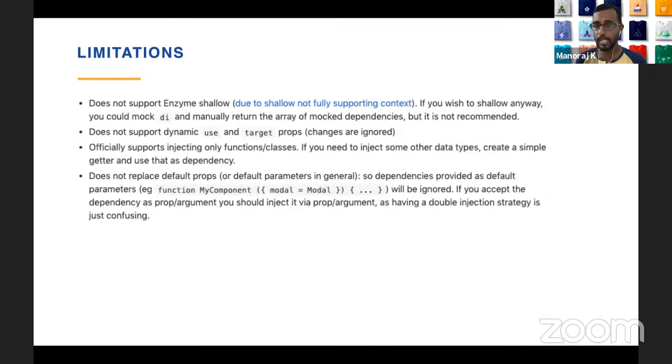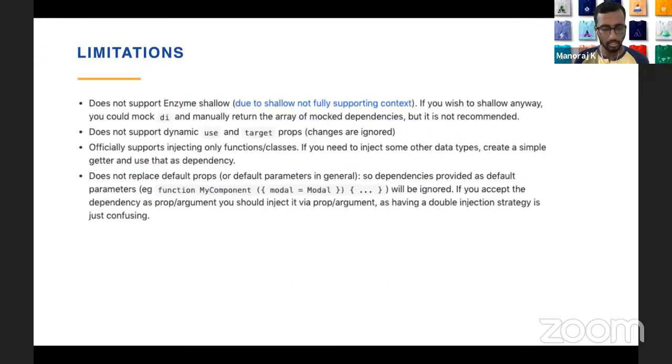If you are using Enzyme shallow, we don't have full support for shallow yet, because it's a problem with Enzyme right now, and you cannot use dynamic use and target props. It officially supports injecting only functions and classes, and does not replace default props. So these are a few limitations which we have.